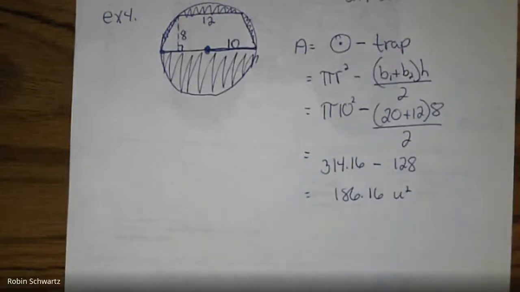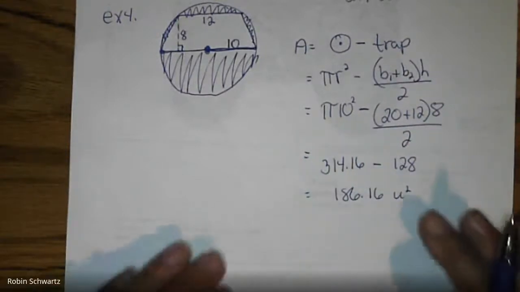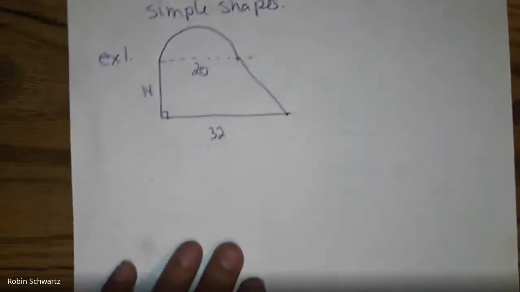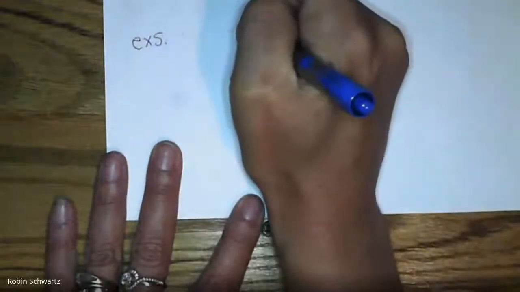And let's do one more to get a shape we haven't had yet today. Number 5. Oh, let's push that out of the way. I can use this piece of paper here. Example 5. Here's our shape.